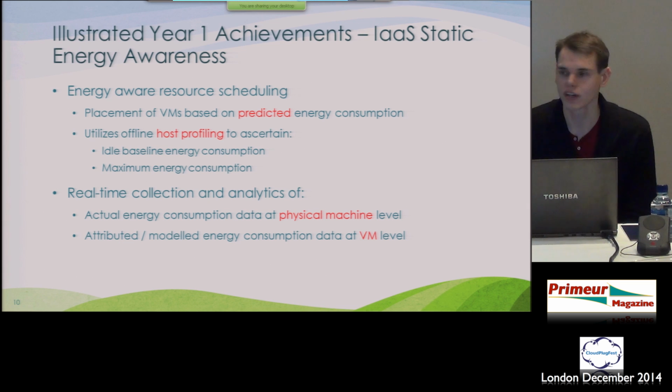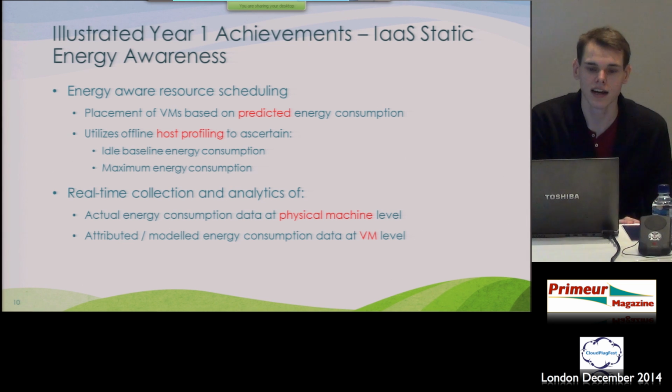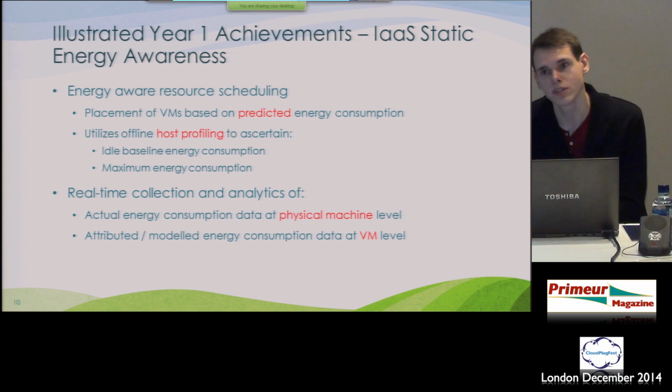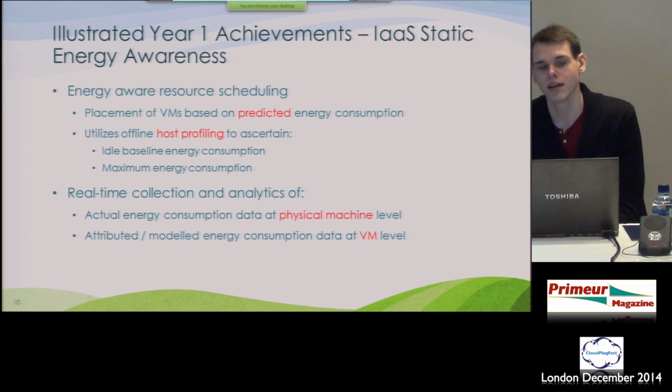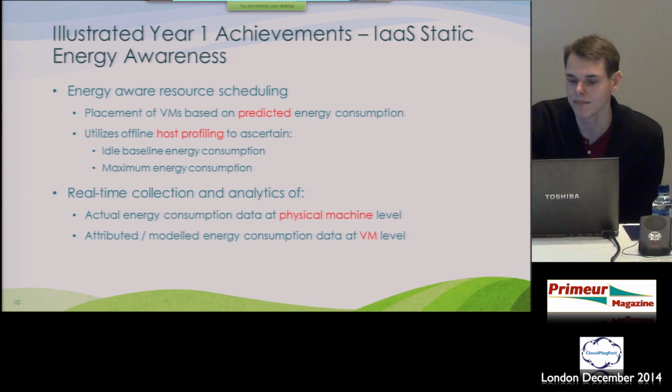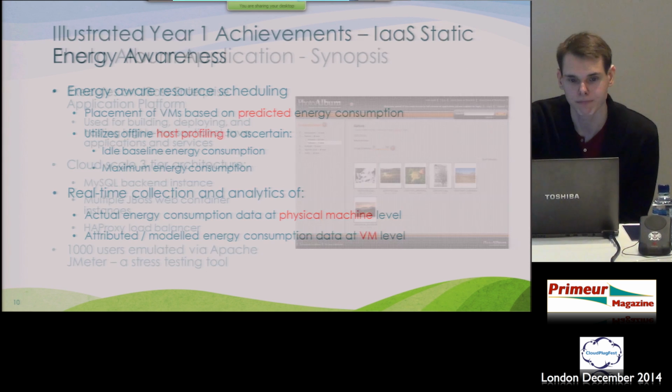So if you had a heterogeneous data center with lots of different generations of hardware, the virtual machine manager can take those characteristics and assign a virtual machine, given its workload, to a specific node that basically minimizes its energy consumption. And in the first year, we also have some real-time collection and analytics tools.